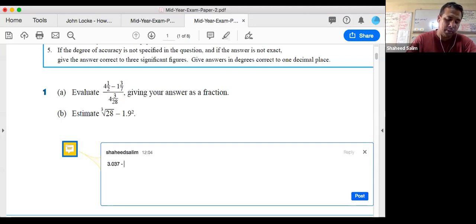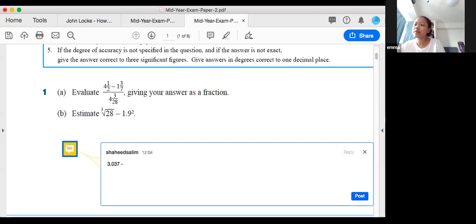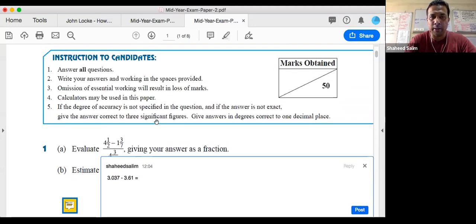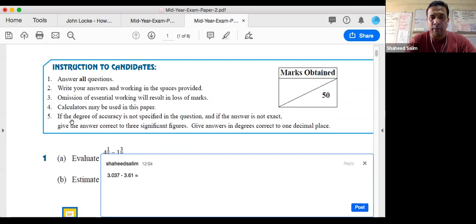1.9 squared, what's your answer? 3.61. Okay, so you just minus it. Let us see now. If the degree of accuracy is not specified in the question, and if the answer is not exact, give the answer correct to 3 significant figures.